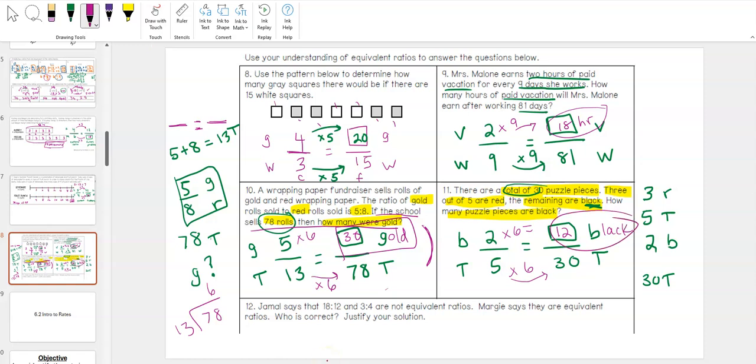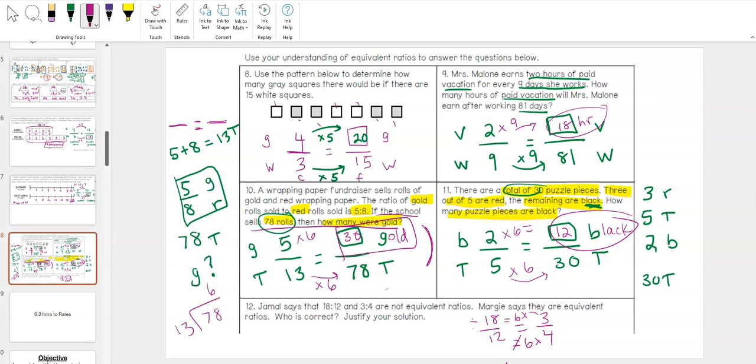And then the last one. Jamal says that 18 to 12 and 3 to 4 are not equivalent ratios, but Margie says they are equivalent. Who is correct? So we need to figure out if 18 to 12 is equal to 3 to 4. Well, 3 times 6 makes 18. 4 times 6 does not make 12.